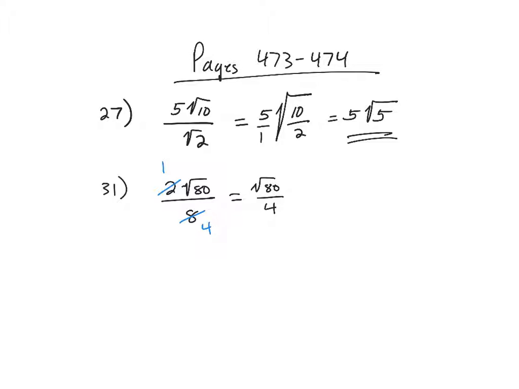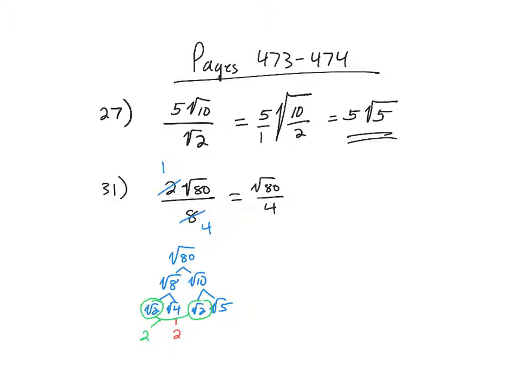Now I can't leave that square root of 80 as it is, so I'm going to come down here and I'm going to do a little bit of work. I'm going to say that's the square root of 8 times the square root of 10, and then that's the square root of 2 times the square root of 4, and this is the square root of 2 times the square root of 5. Okay, so I know the square root of 4 is 2, and then I also have these 2 buddies, so they're going to go together to give me another 2.